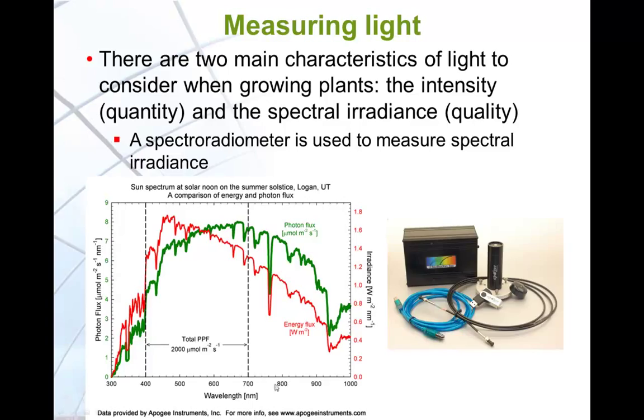If you look at a different range, for example 700 to 800, and you sum up all the readings in micromoles per square meter per second per nanometer for the range of 700 to 800, then you get the photon flux of that range, in this case the far red range, 700 to 800.